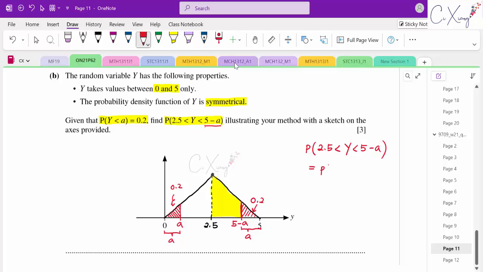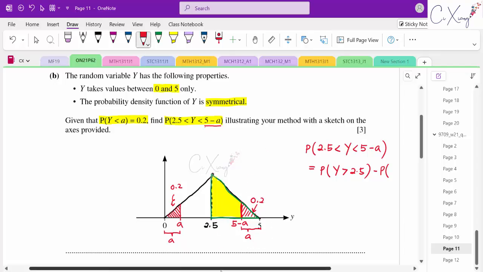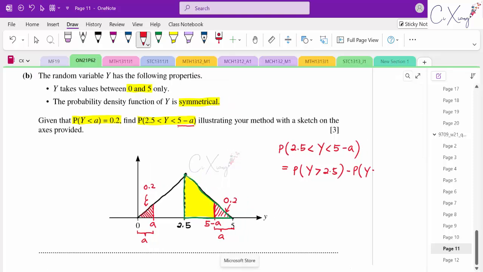What I can do is find the area for y greater than 2.5 first. Y greater than 2.5 means the green triangle that I drew. Then minus the small shaded triangle on the right hand side. When I write it out, it is y greater than 5 minus a.